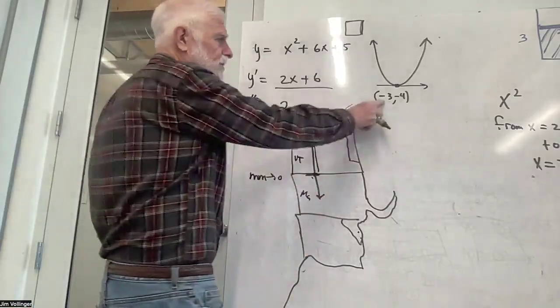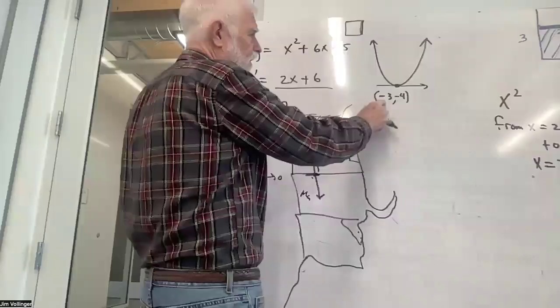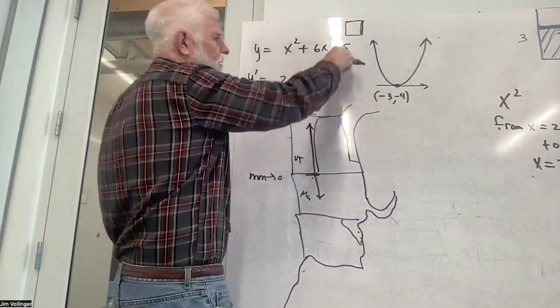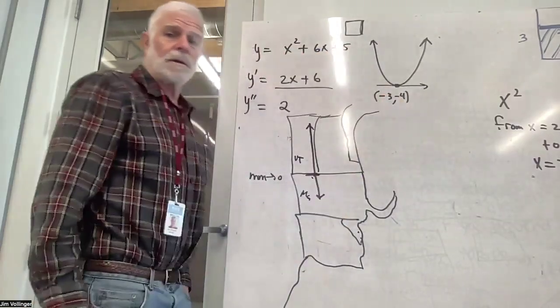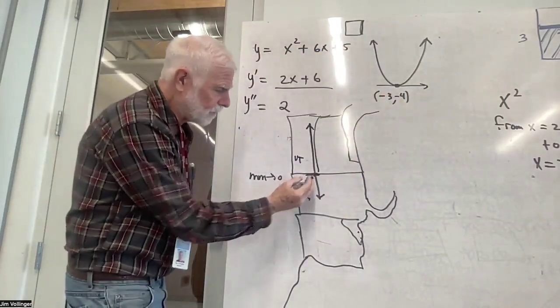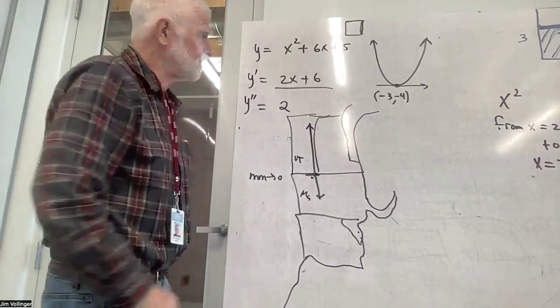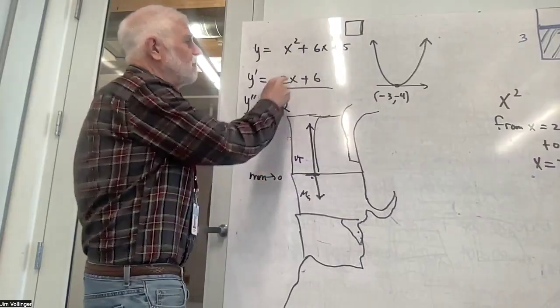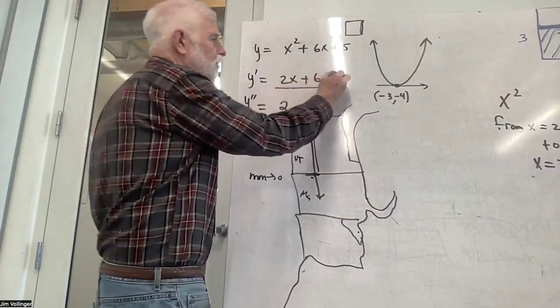And so 3 hours ago, let's think of that as hours in the day, 3 hours ago Grandma was at -18, -9 plus 5, -4. So she's 4 miles south of the border. And what's she doing? -3, she's stuck. If I drop in a -3 here, we get a 0.